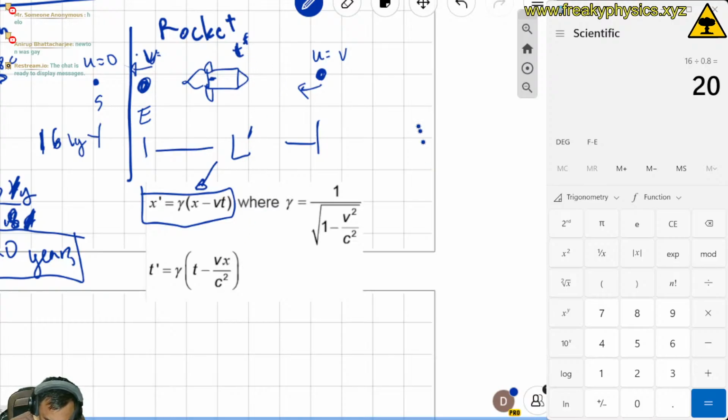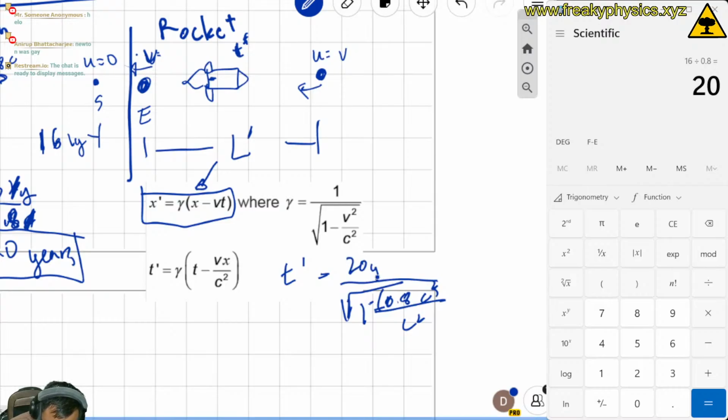Okay, in this case, what's T prime? T prime would be equal to 1 over the square root of 1 minus 0.8 c squared over c squared, times T, 20 years, minus... Our v is 0.8 c, and our T was 20 years, right?